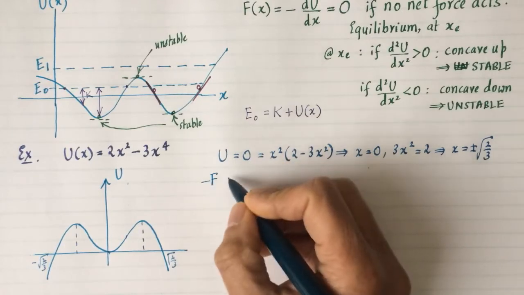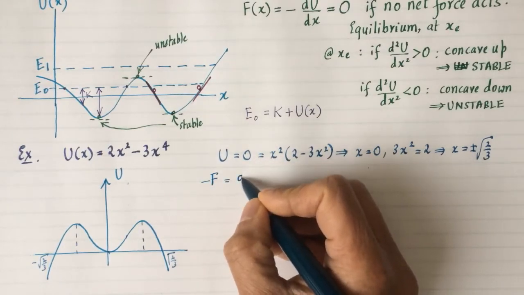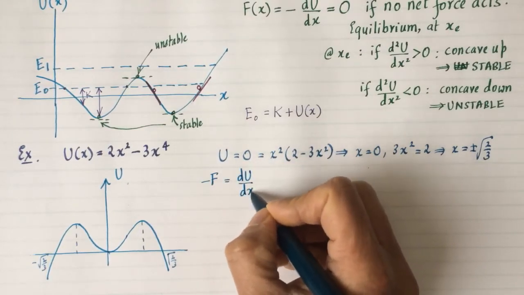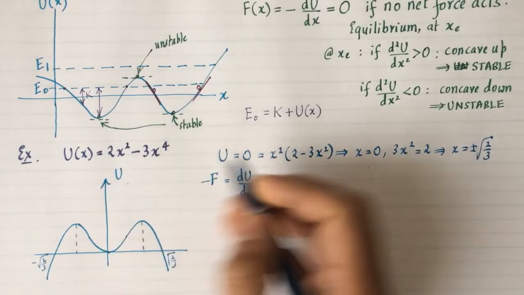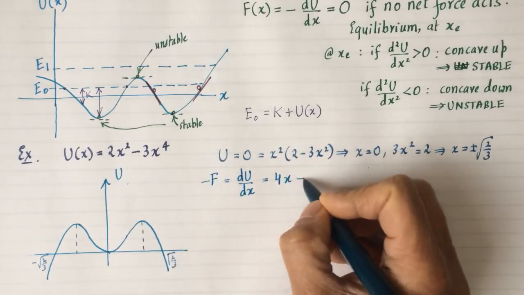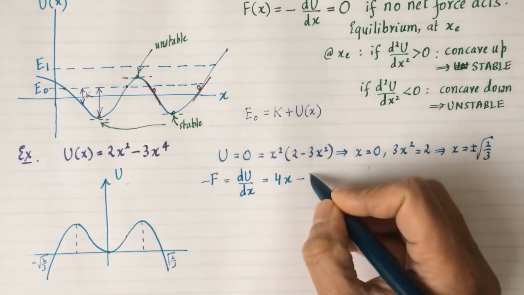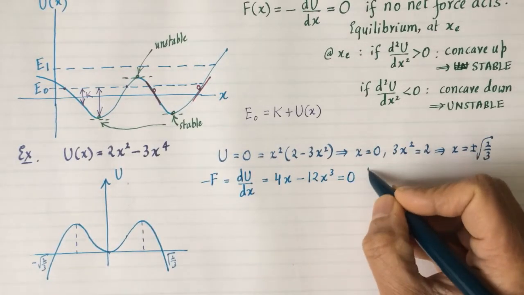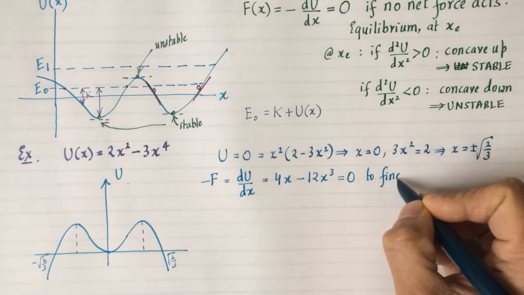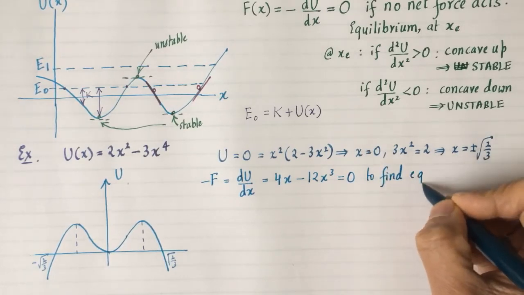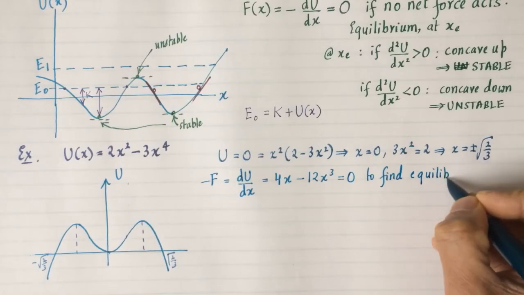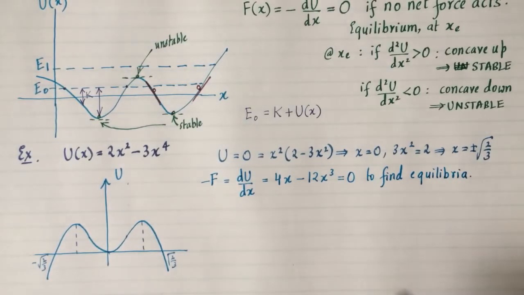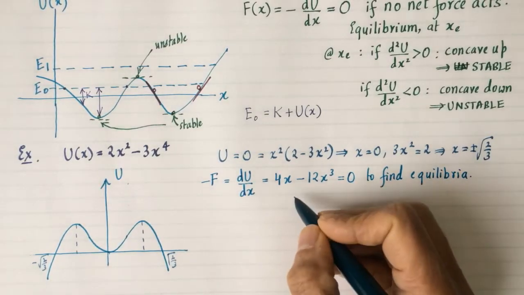So I'll take negative f, which is du by dx. And that's going to be 4x minus 12x cubed. And I have to set this equal to 0 to find equilibria. Plural, because I expect to find 3.